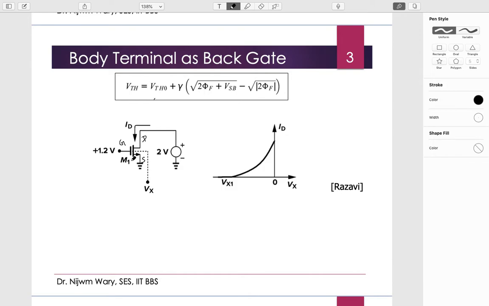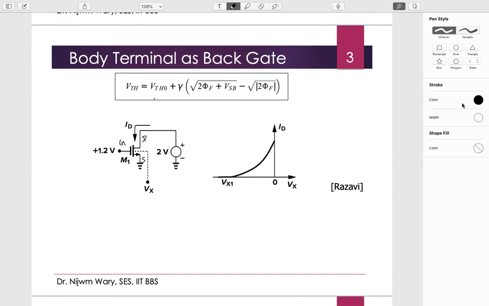Then the current flowing through this transistor, we can even make it zero, so it acts like a gate. Of course this is not used much. It is just to theoretically show how the threshold voltage can even manipulate the current profile.